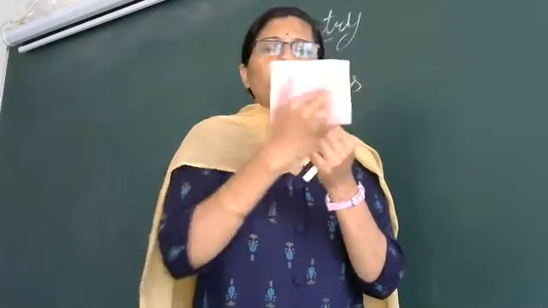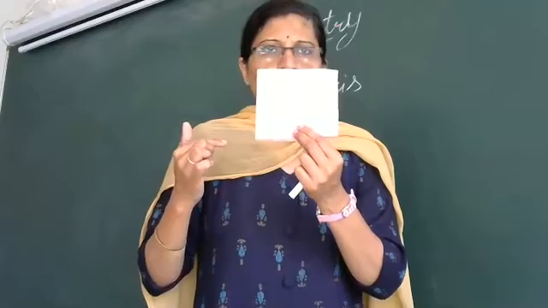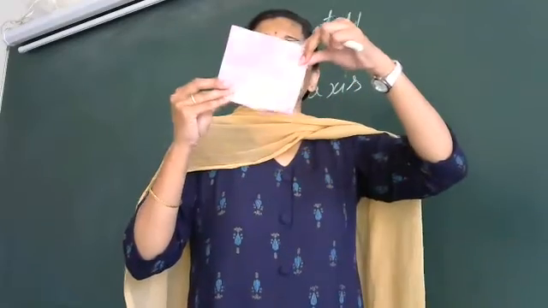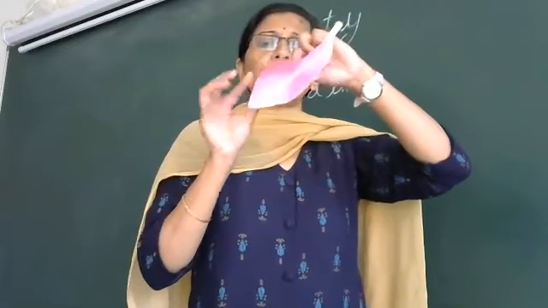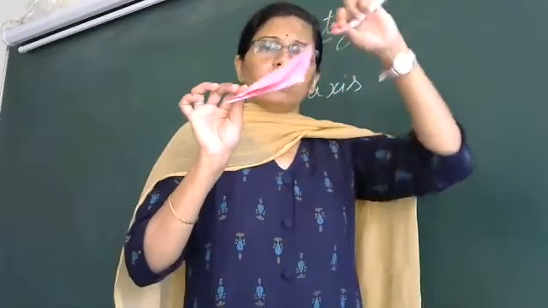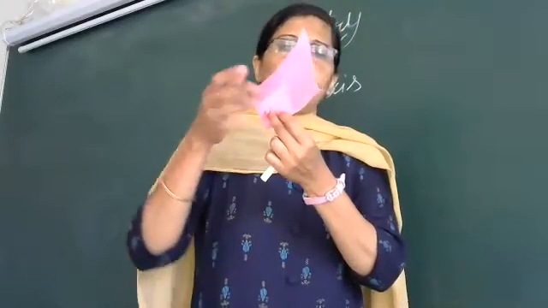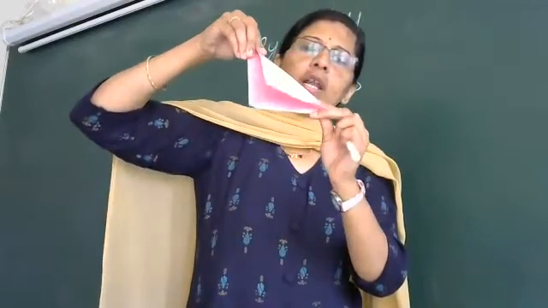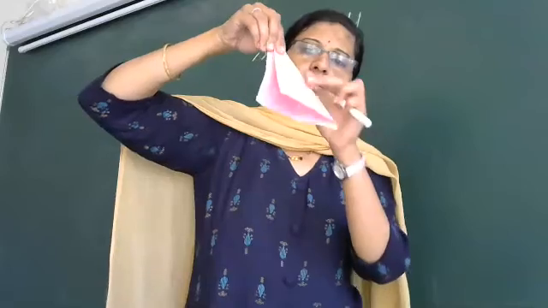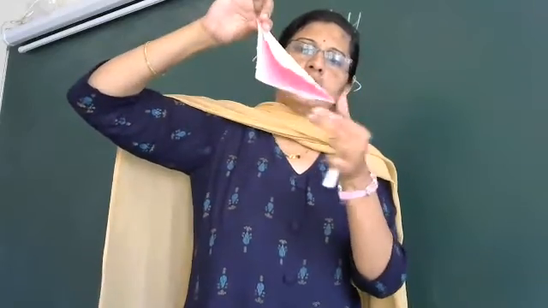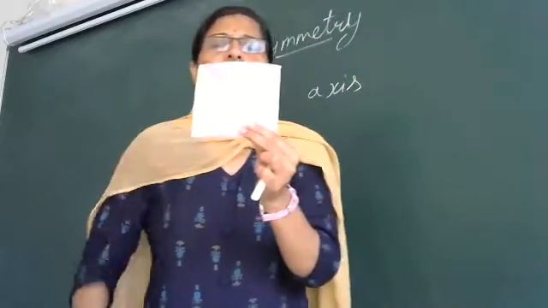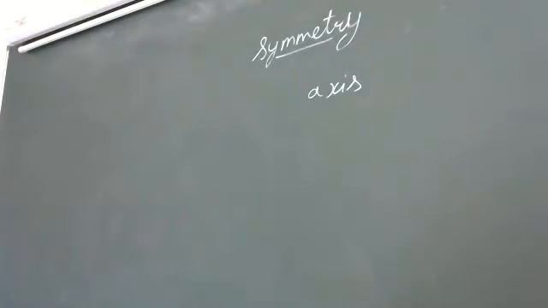So we can see here two lines of symmetry for a square. Again, if I fold like this also, cross, one more line of symmetry I will get. If I fold like this also, see here, so many lines of symmetry I will get.